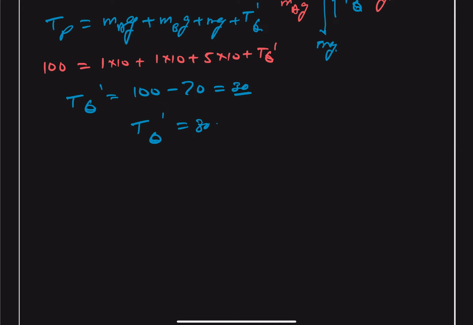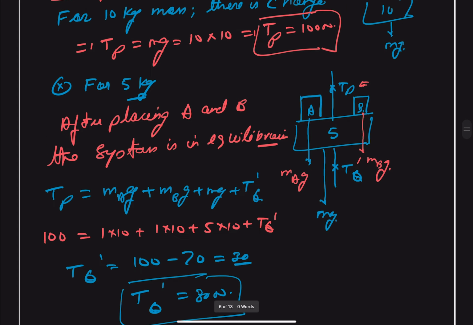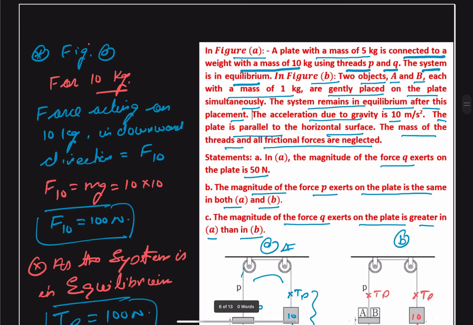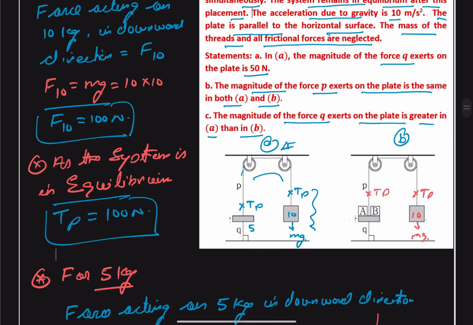So let us check the options that are given to us. First option states that in figure A, the magnitude of the force Q exerts on the plate is 50 Newton. So it means the tension TQ is our 50 Newton.